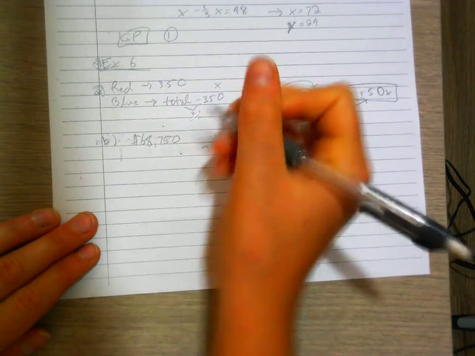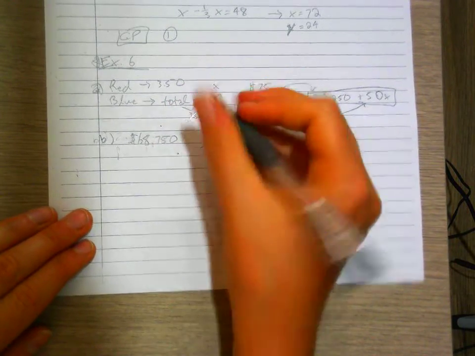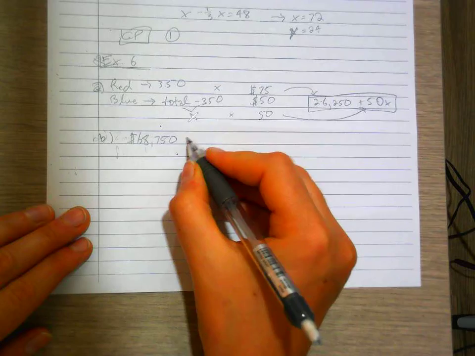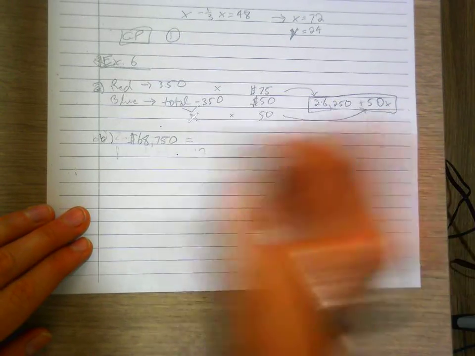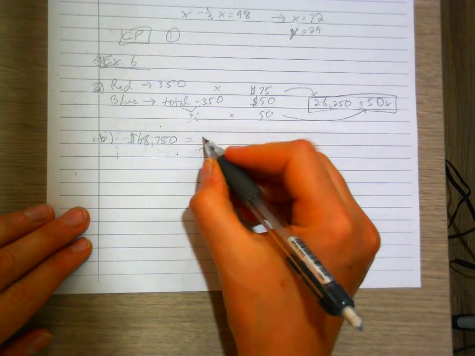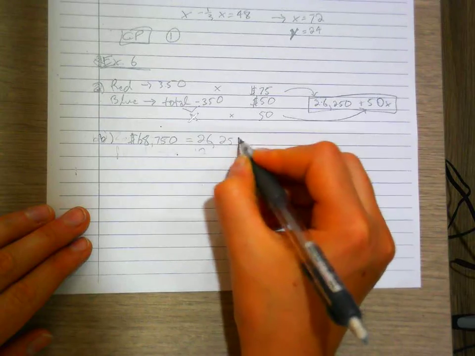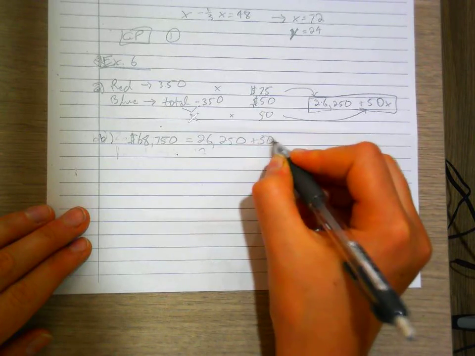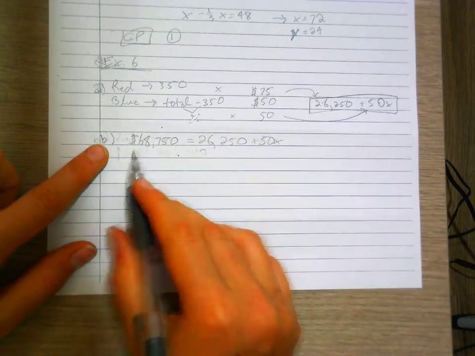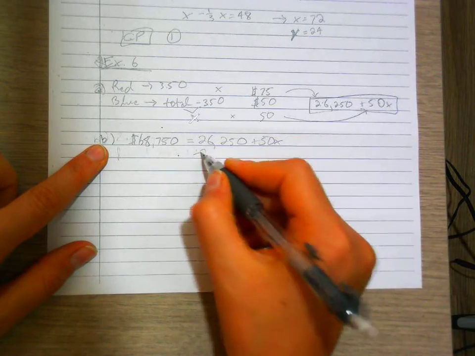Okay. Let's set the total equal to this, because total equals the combination of all of them. So we get this as our equation, and we can solve it. Subtract from this side, we also have to subtract from that side.